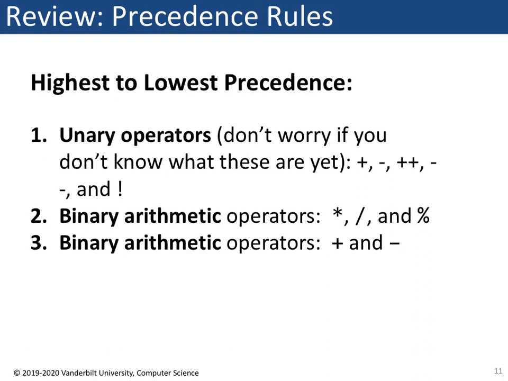These all have equal precedence. Following those, the next lowest precedence binary arithmetic operators would be plus and minus. And when operators have equivalent precedence in a single expression, they evaluate left to right.